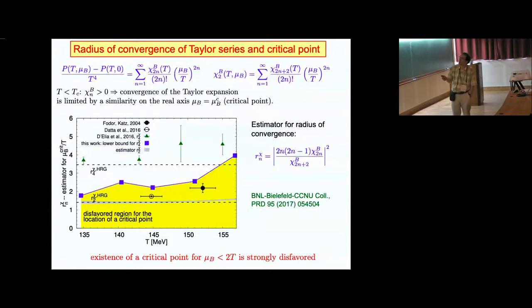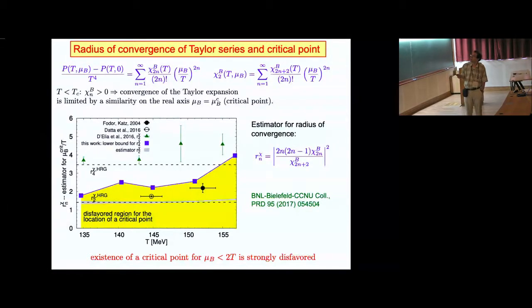This Taylor expansion of the pressure, of course, has a finite radius of convergence. And if all the expansion coefficients are positive for some temperature, and that seems to be the case for temperature smaller than the transition temperature, then the singularity that limits this radius of convergence lies on the real axis and may be identified with a critical point.